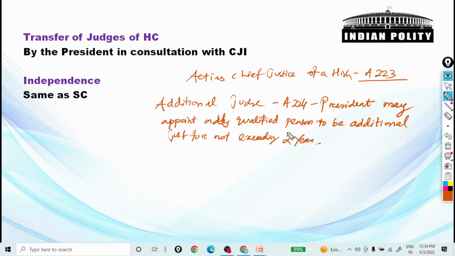But after the closure of the task or the assignment, they will not be allowed to continue, because they are not permanent judges, they are additional judges.